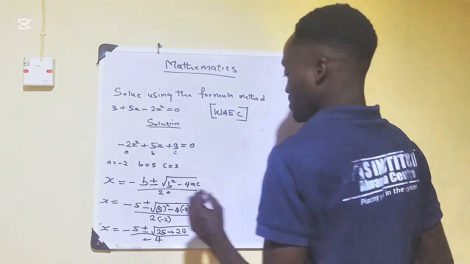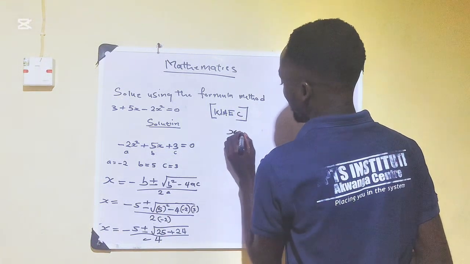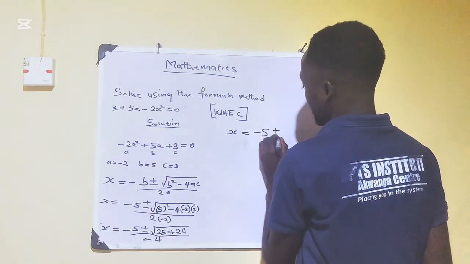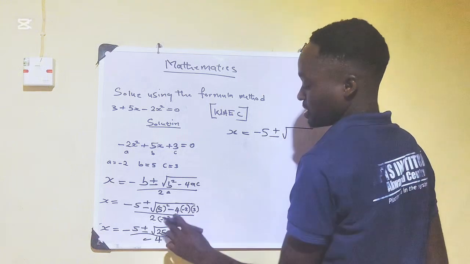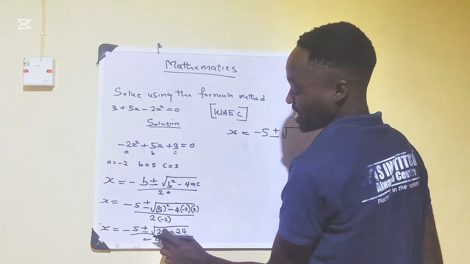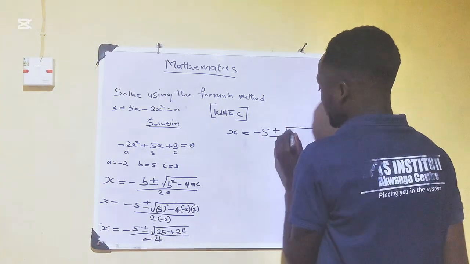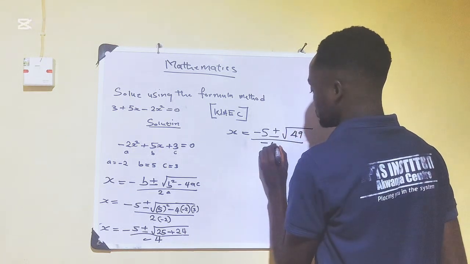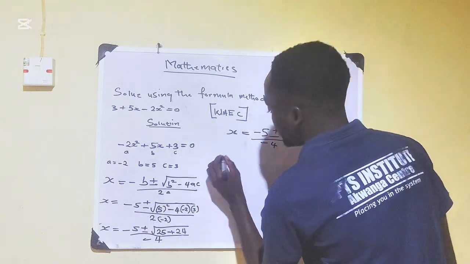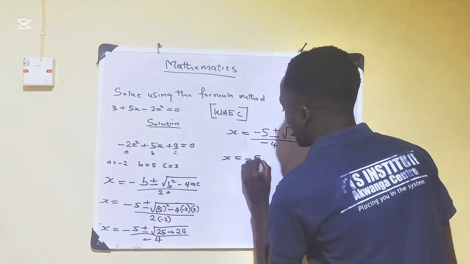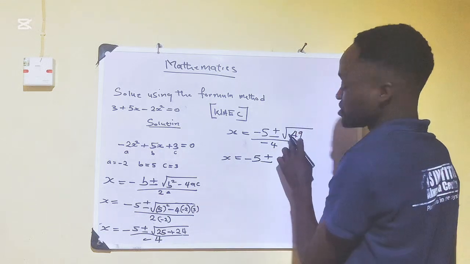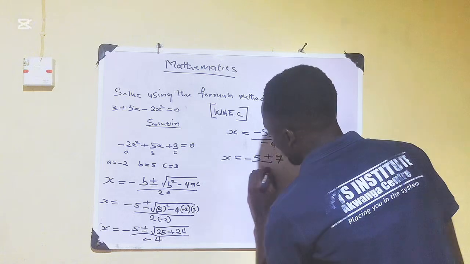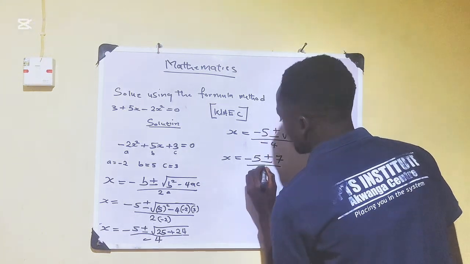Is that clear? Good. Now our x will be minus 5 plus or minus the square root of 25 plus 24, which gives us 49, all over minus 4. Next, minus 5 plus or minus the square root of 49, which is 7, all over minus 4.